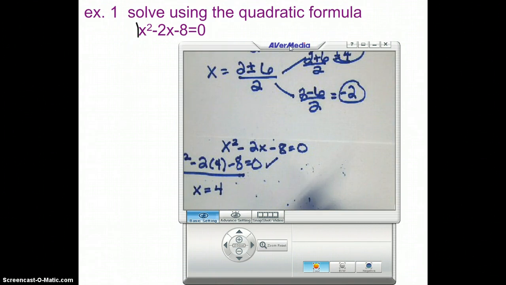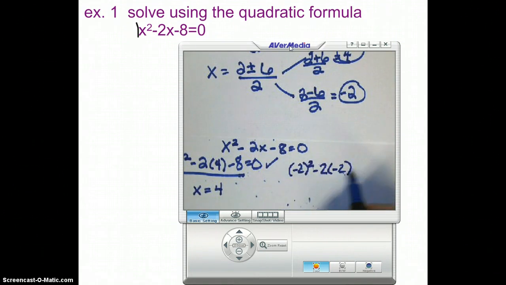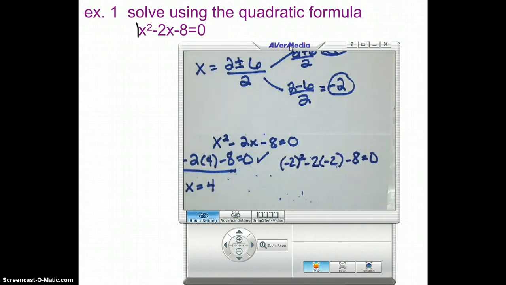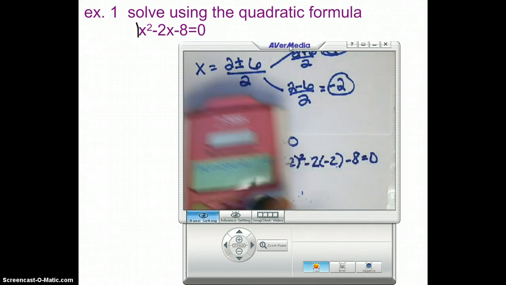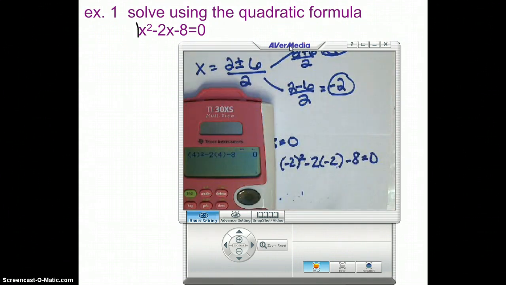Now the other thing that I need to do is to check the negative 2 that I think is an answer here. So that means I'm going to do the same thing. And I'm going to plug in negative 2. Try to put my calculator underneath here so you can see it.